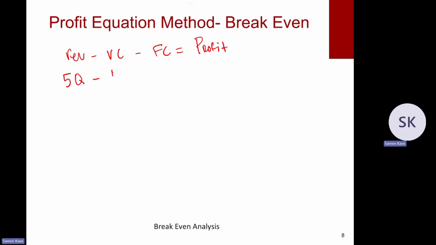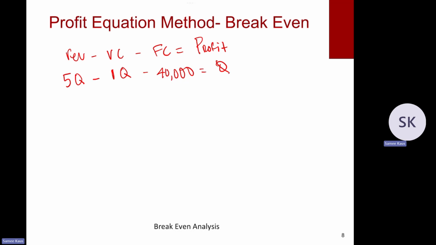I know it costs me $1 in variable cost per unit that I'm selling, and I have $40,000 in fixed cost. Now, what do I set that profit equal to? I just set it equal to 0. I'm just trying to generate a $0 profit. I am just trying to break even.